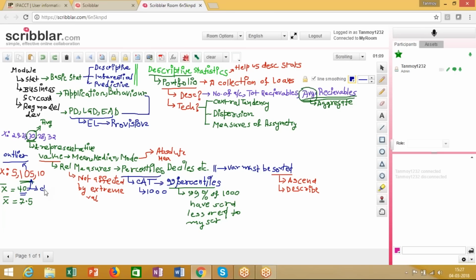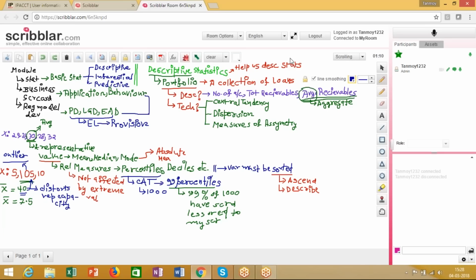It distorts the representative capacity of the mean. So the mean of a variable can get affected by outliers or by the existence of extreme values.